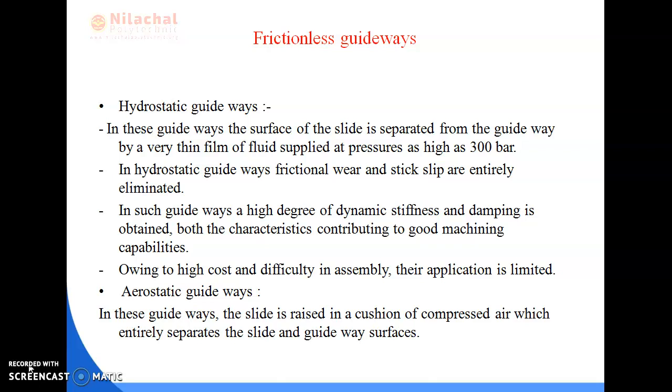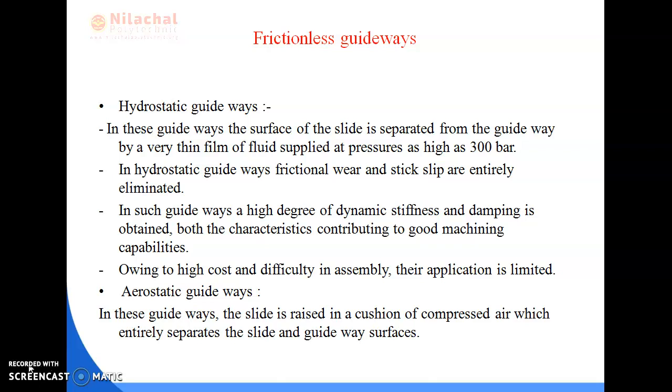Means there will be a liquid film between the guideways. In hydrostatic guideways, frictional wear and stick-slip are entirely eliminated. Means here no friction will be generated. So no heat will be generated. So no wear is possible.